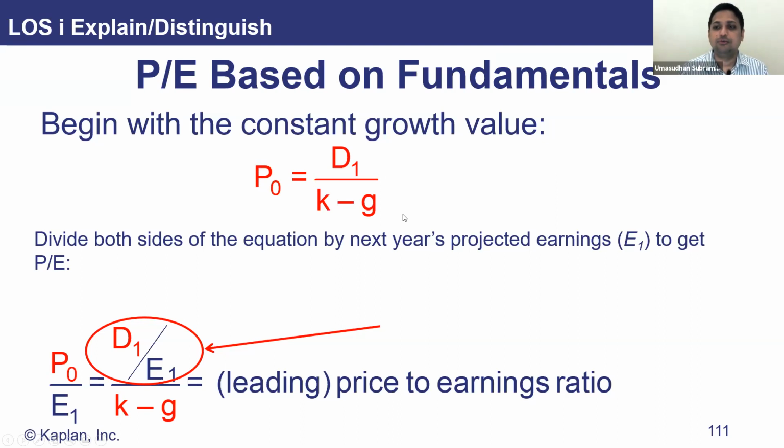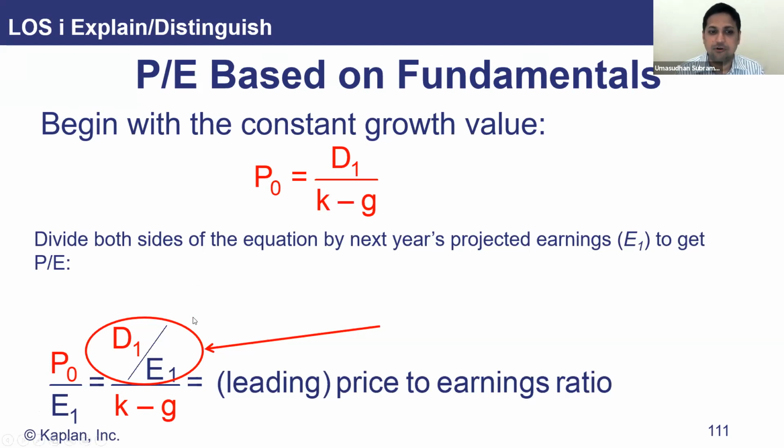So we are going to divide both sides of the equation by E1, and E1 stands for EPS for the next year. So that's your EPS projection for next year. We are going to divide P naught by E1. That's your PE ratio based on your next year's EPS and your current price.